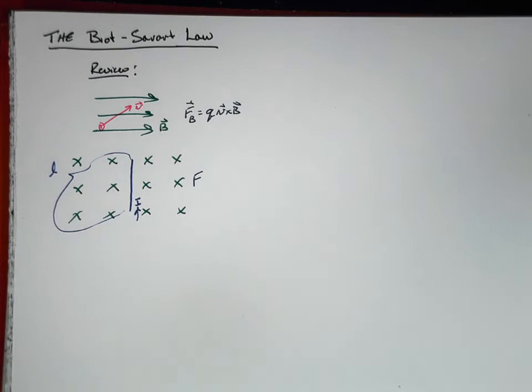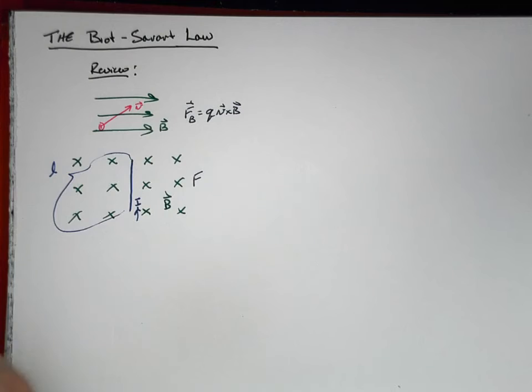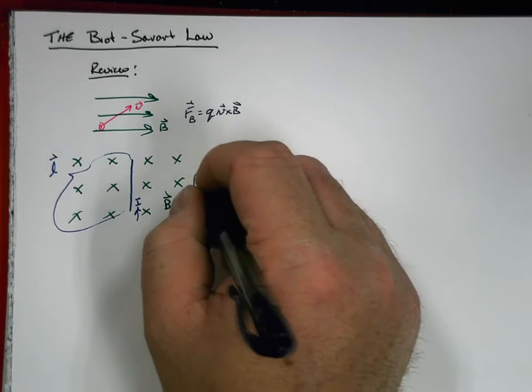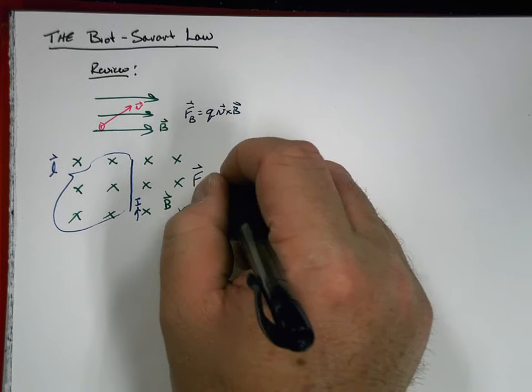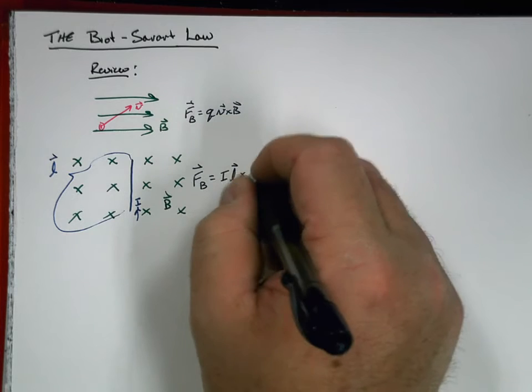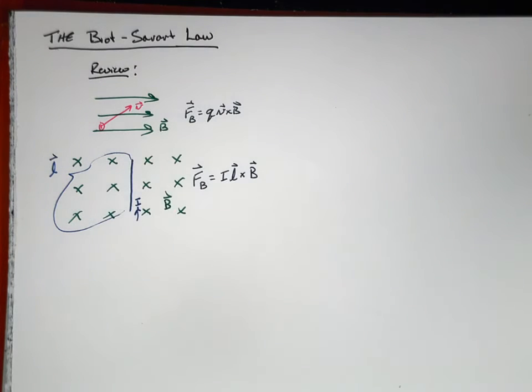This is still B. That's a displacement vector L. The force is going to equal I L cross B, and that is the force on the current in the wire.